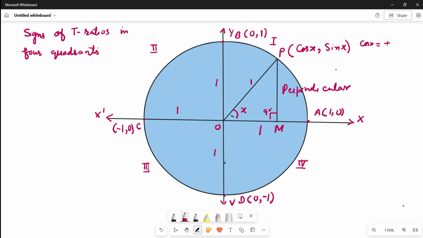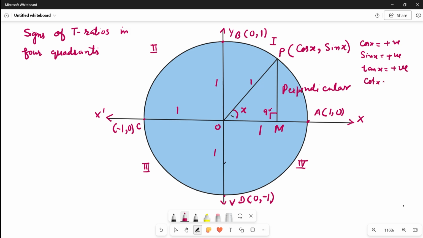Now see sin, 0 to 1, it is also positive. Sin x is positive, because the value is 0 to 1, so both are positive. If both are positive, we know tan x will be sin x upon cos x, so positive upon positive is positive.